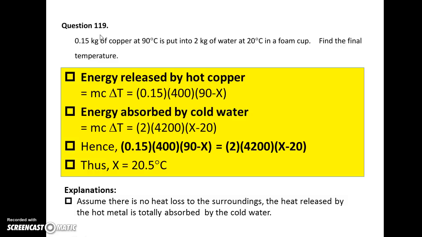Question 119. Very similar to the last question, but we don't have hot water, we have hot copper mixing with cold water. If the final temperature is X, we may express the energy released by the hot copper to be mc delta T, where C is 400, which is the specific heat capacity of copper, and that absorbed by the cold water will be mc delta T again.